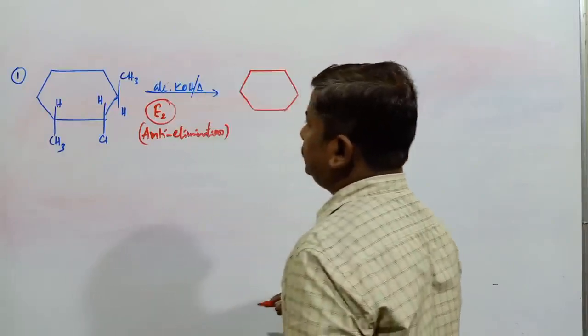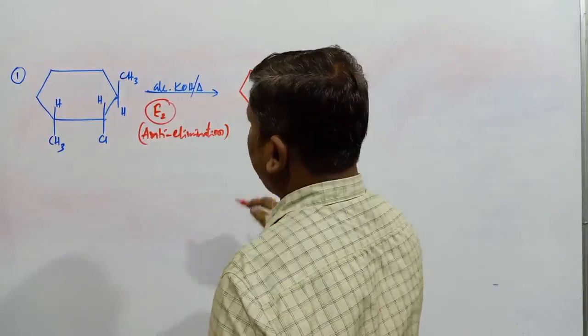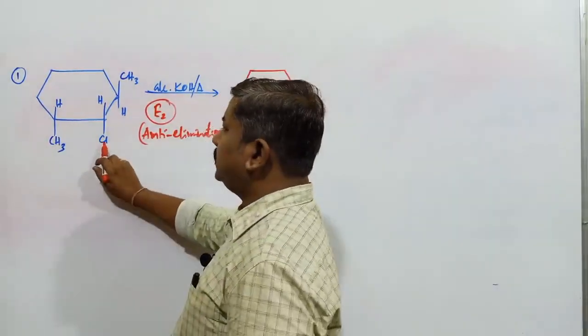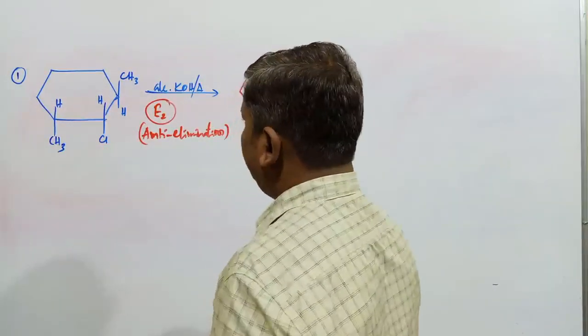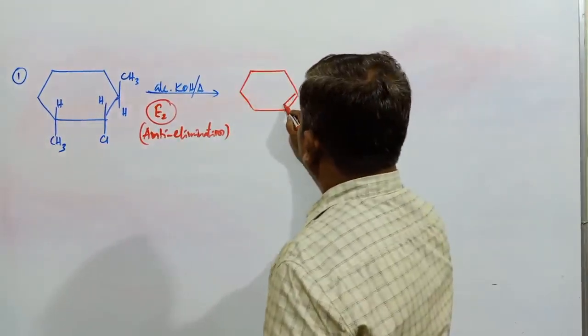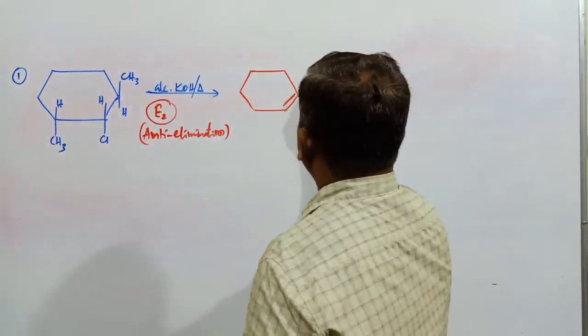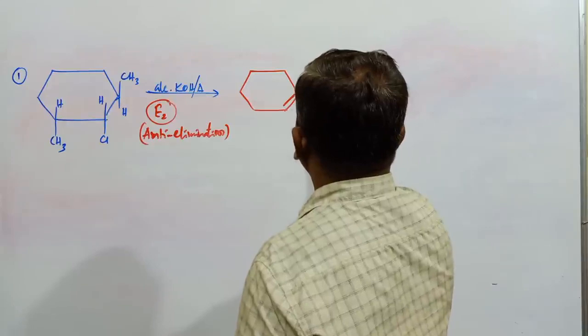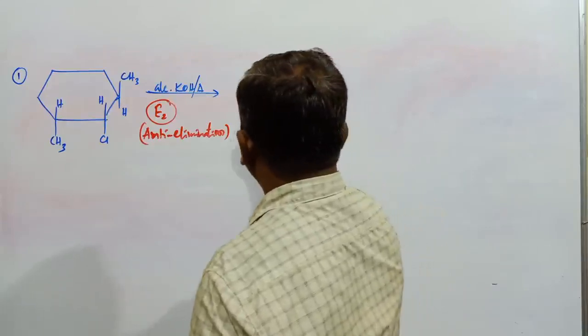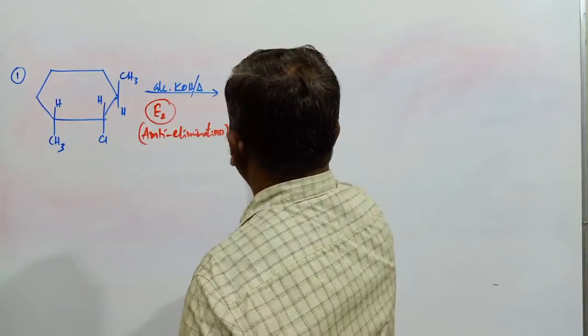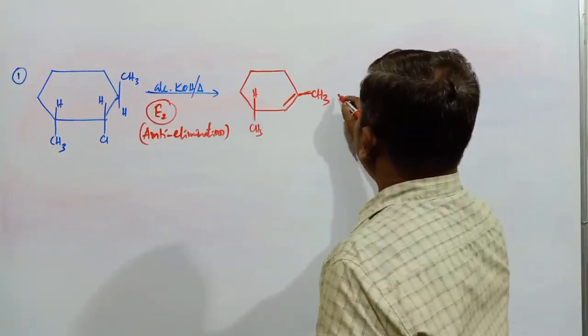Two products are possible here. If the halogen atom is removed from this carbon and the hydrogen is removed from this one, there is a double bond here and this is CH3. Next, this is CH3 and this is H. Another product is going to be possible.